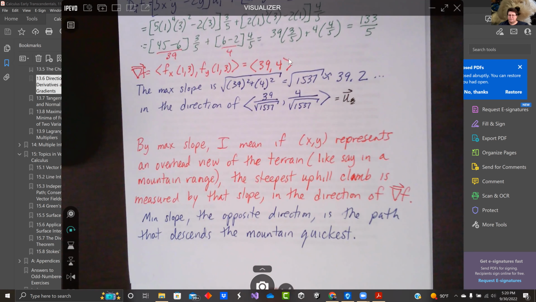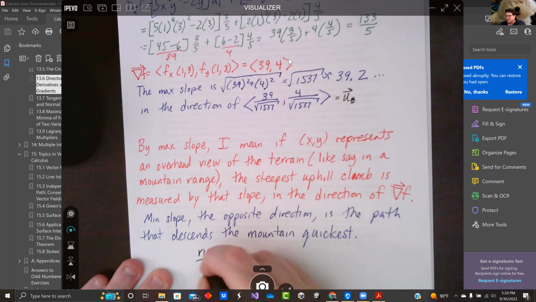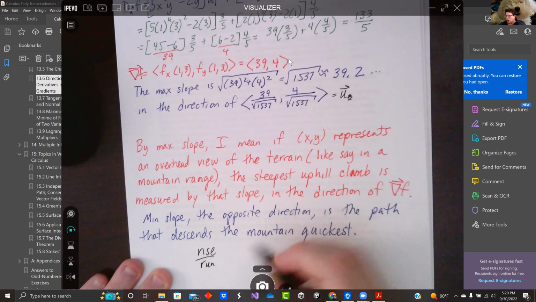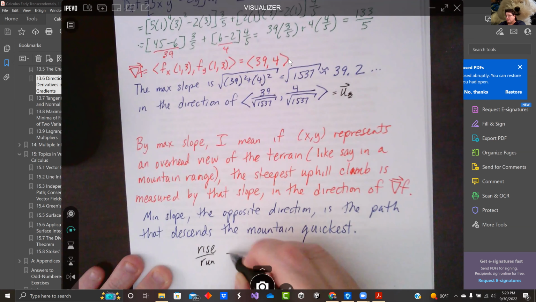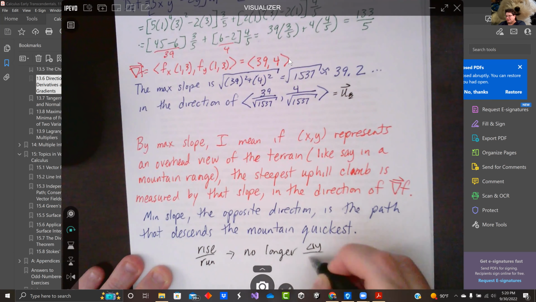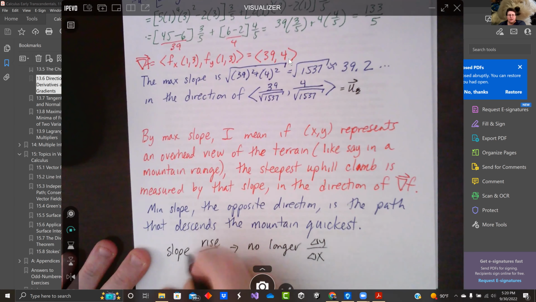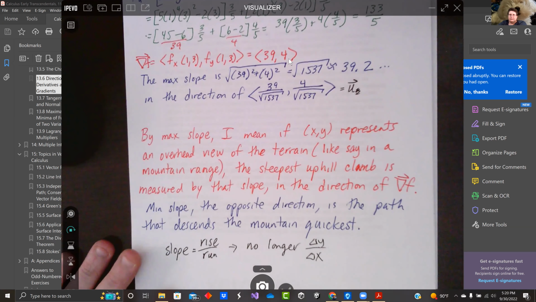So remember, slope doesn't change from being rise over run. It's no longer delta y over delta x, but it does measure the amount we go up in terms of the amount we go forward.